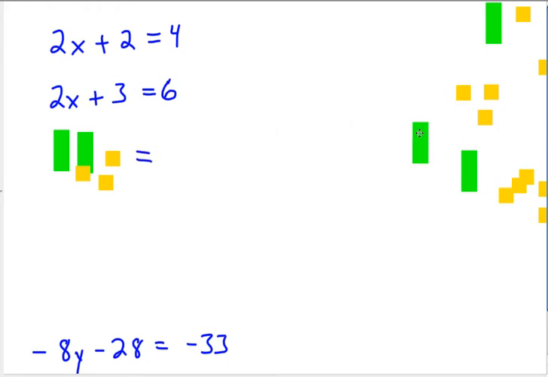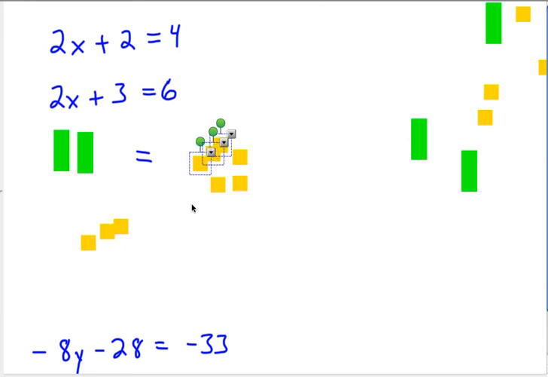So let me see if I can get 6 of these over here. 1, 2, 3, 4, 5. Okay, so again, if I wanted to subtract 3 from both sides, that would be pretty easy. I just get rid of 3 from here, get rid of 3 from here. Okay, and then I'm left with 2 x's equaling 3.